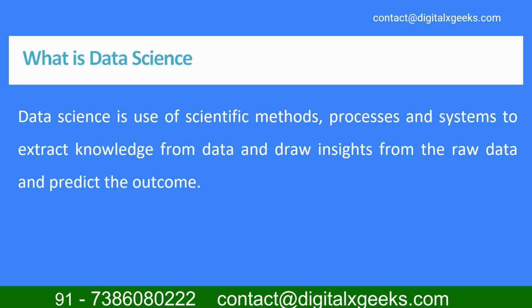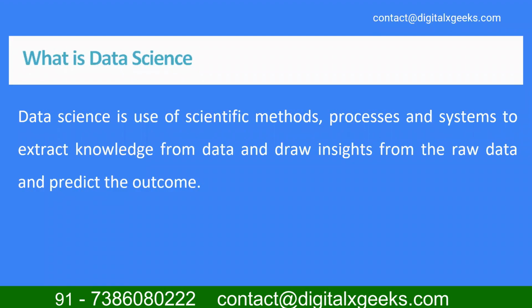When I talk about scientific methods, we used to learn statistics in our intermediate, in schooling, and also as part of our degrees. So scientific methods are nothing but our previous computing abilities and the processes that use these abilities, and using these abilities we try to extract knowledge and analyze something based on the data, and we are going to predict the future.